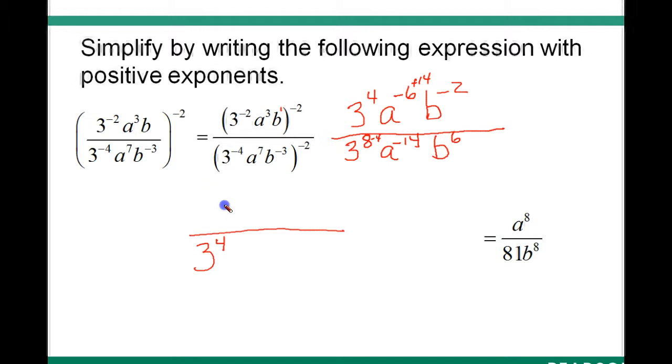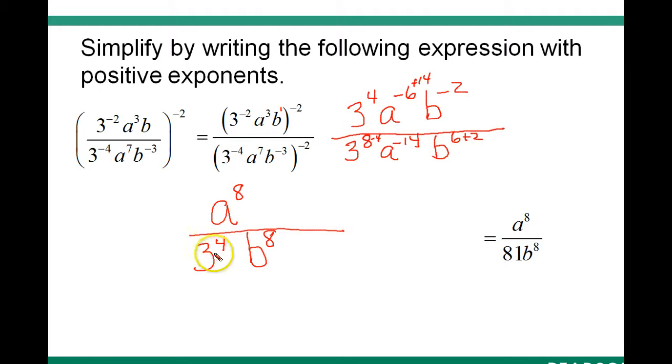So this gives me a to the 8th. Moving this across the division bar, the sign of the exponent changes, and I do that addition. And then here, again, I want positive exponents, so I'm going to bring this down. Here it becomes a positive 2, and this gives me b to the 8th.